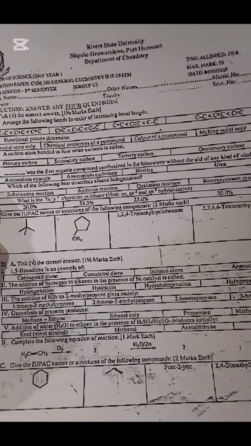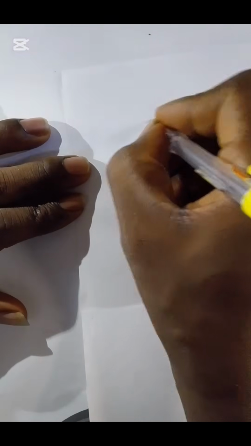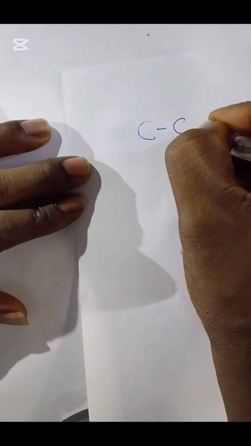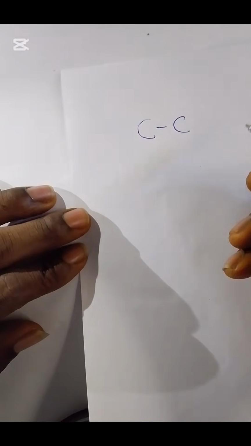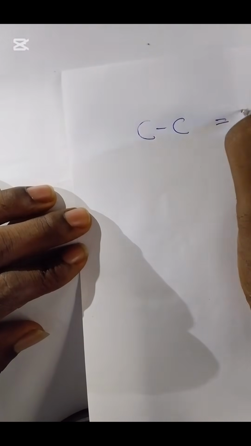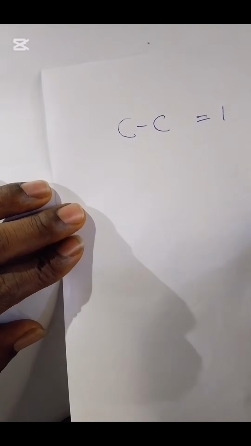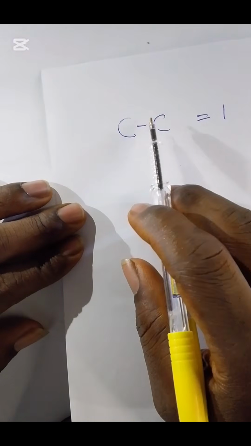Now, bond length depends on bond order. So let's consider what we have here. For example, if we have carbon to carbon, the bond order is equal to 1, simply because we have one stroke.